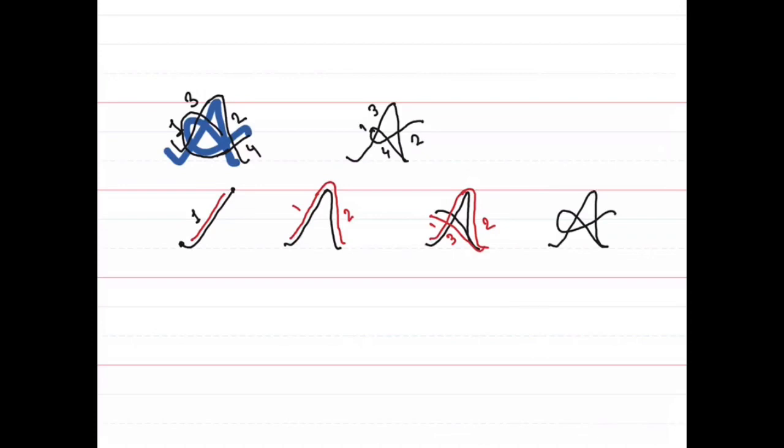This is how a letter A becomes. This is 1, this is 2, this is 3, and this is 4. That's the perfect way of making letter A.